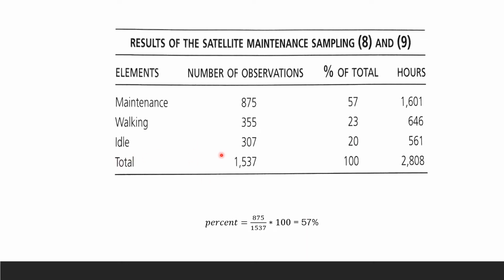All right, the next example is the results of the satellite maintenance sampling. So all the satellites right now, they're smart. I'm trying to make it smart. A long time ago, ancient satellites were not smart. But right now, we're trying to make the satellite maintenance smart because the machine has to fix itself, because you cannot accompany the machine all the way out into the planet, okay?